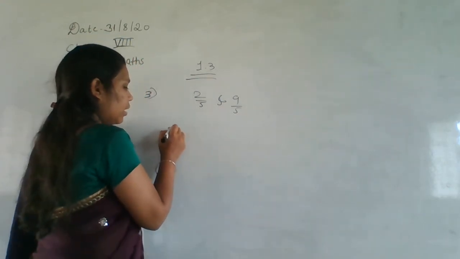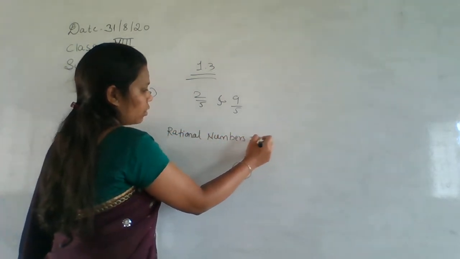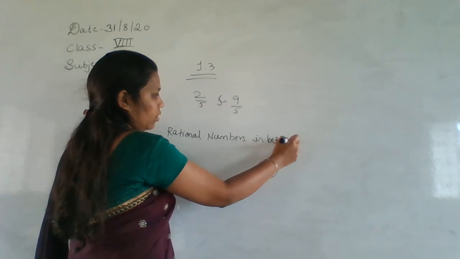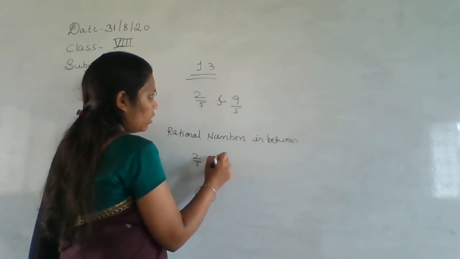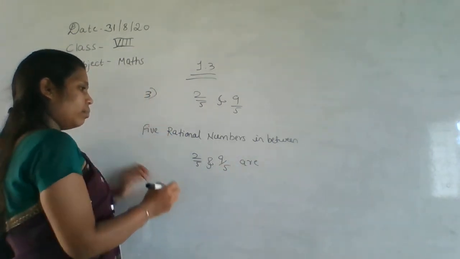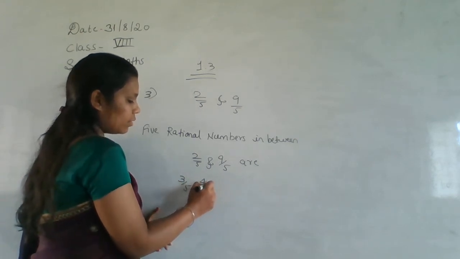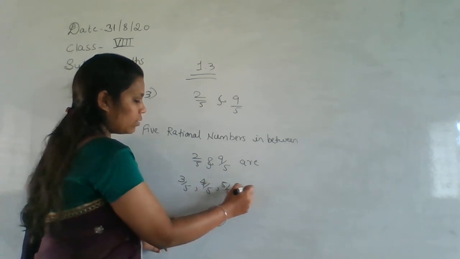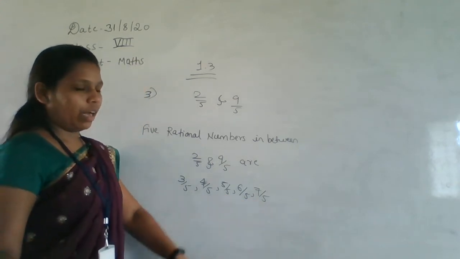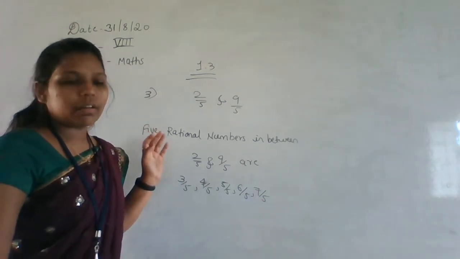The rational numbers in between 2 by 5 and 9 by 5 are 5 rational numbers: 3 by 5, 4 by 5, 5 by 5, 6 by 5, 7 by 5. How many do you get? 1, 2, 3, 4, 5. Enough. They told us to write only 5. You have written 5. Okay, over.